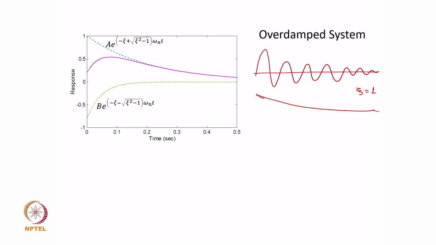So, a target would be without oscillations if you want, or if you are willing to have a few oscillations like this, then you can have zeta close to 1, but less than 1, and so on.